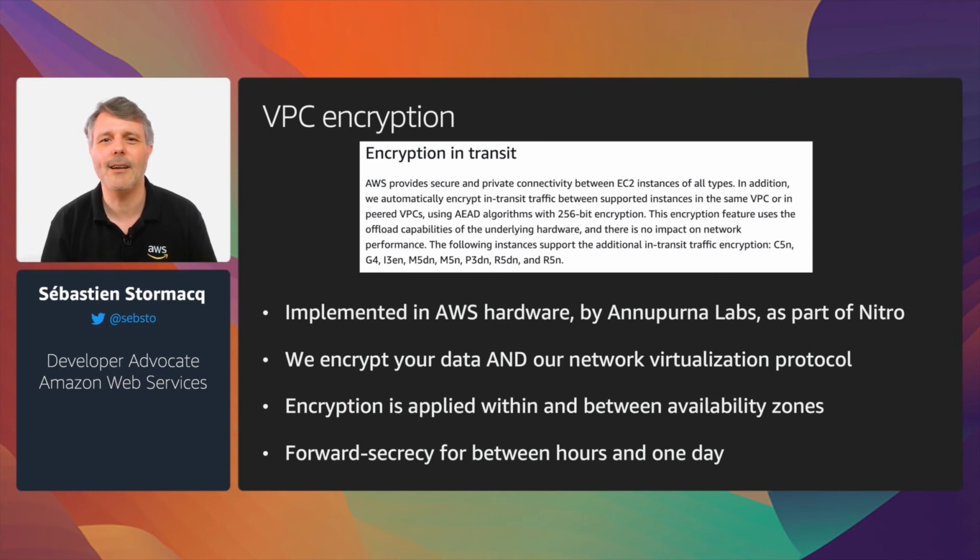So there is no metadata that a malicious person could exploit, such as a VPC ID or subnet ID. It would make attacks much more complicated without this data. It's also important to understand that encryption is applied between availability zones. So it's not only within one data center, it's between multiple availability zones.